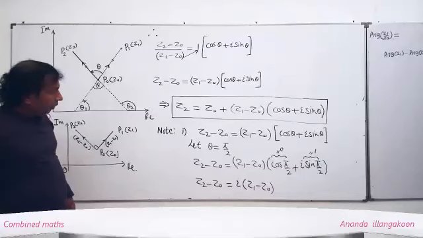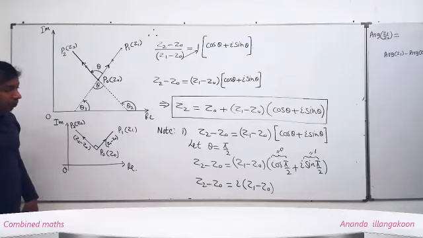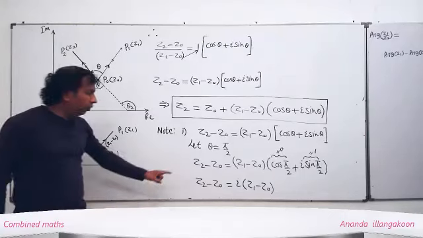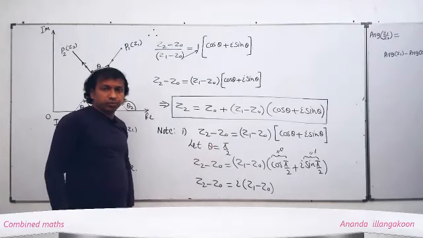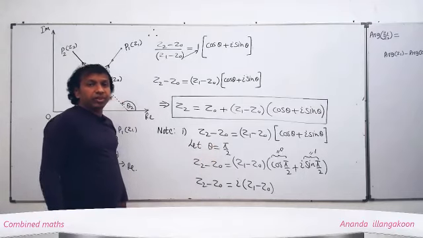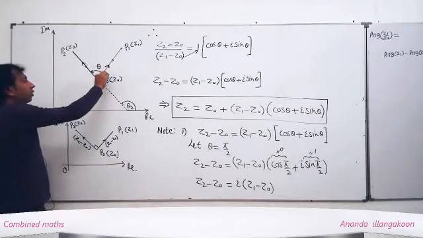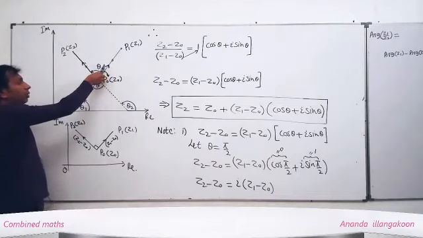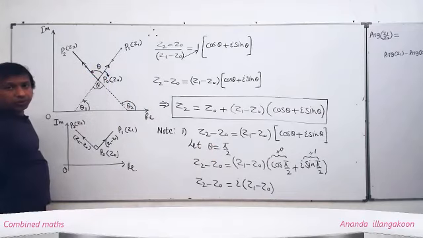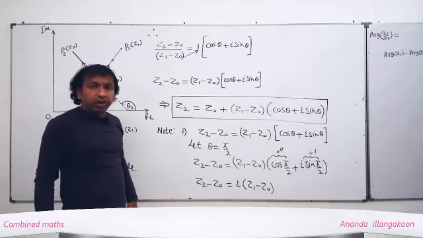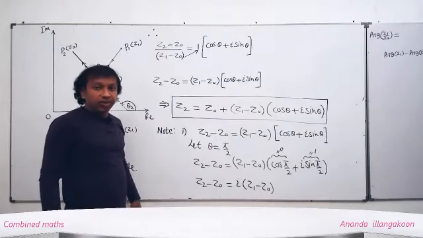Then when I put theta as minus pi by 2, let's see what happens. Minus pi by 2 means the direction should be clockwise. Then this P0P1 rotates clockwise by an angle 90. Let's see what that result is.